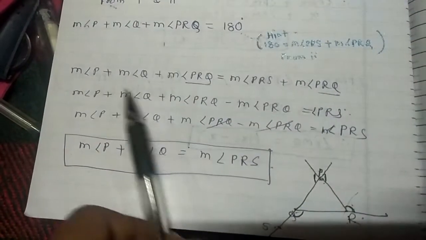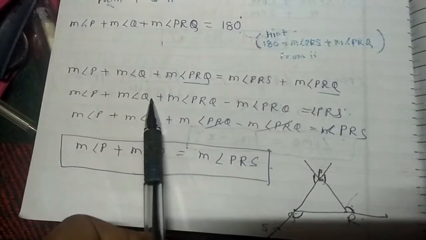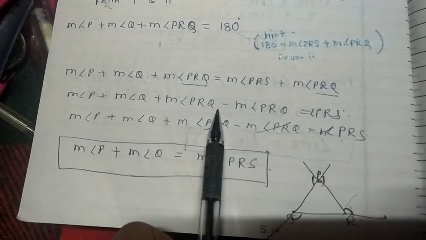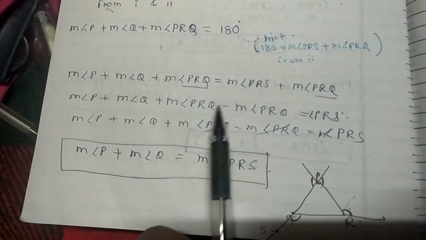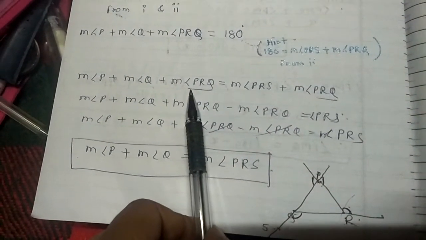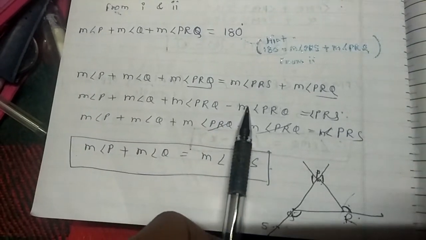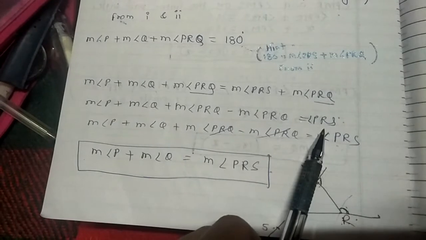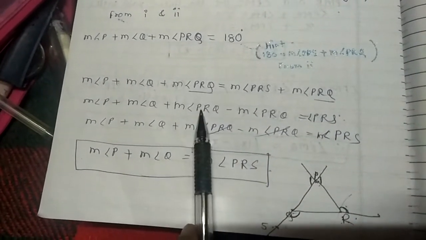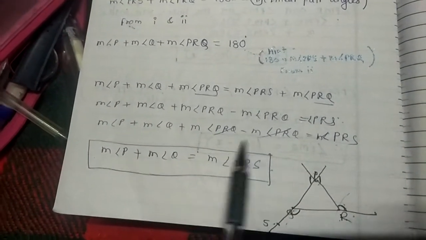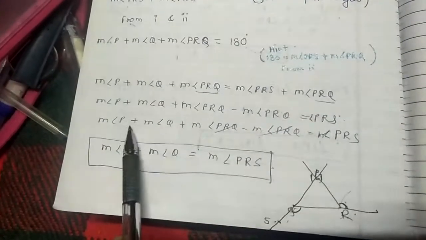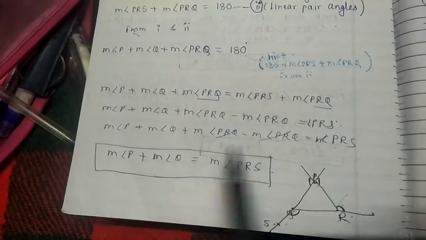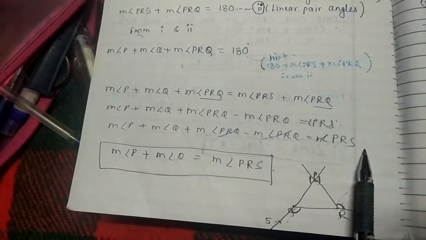So in the next step, angle P is as it is, angle Q is also as it is, and the measure of angle PRQ, which we shifted to the left-hand side, becomes minus the measure of angle PRQ, is equal to PRS, which remains as it is. Now plus PRQ and minus PRQ cancel. So what is remaining? The measure of angle P plus the measure of angle Q is equal to the measure of angle PRS.